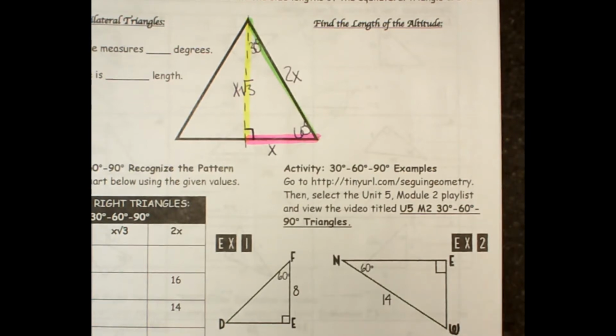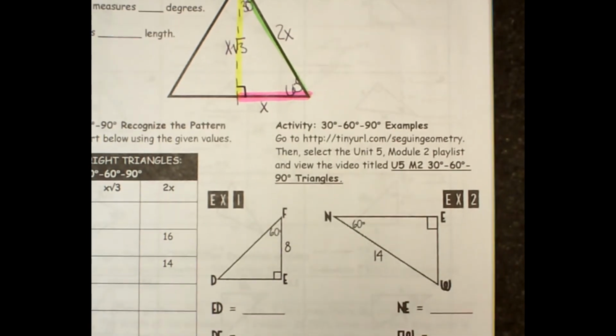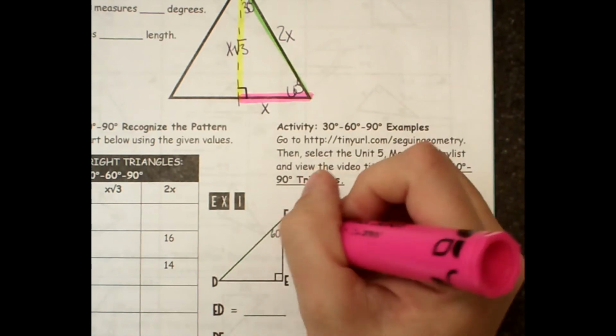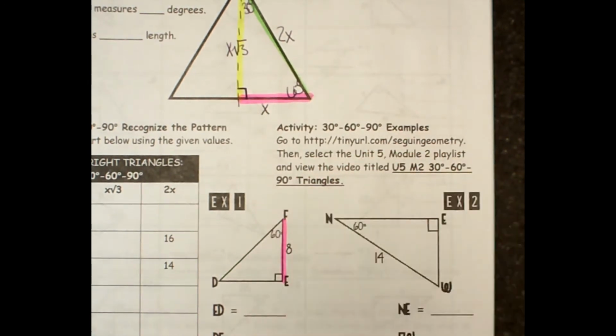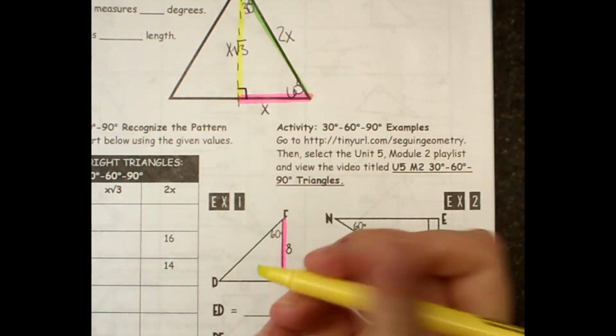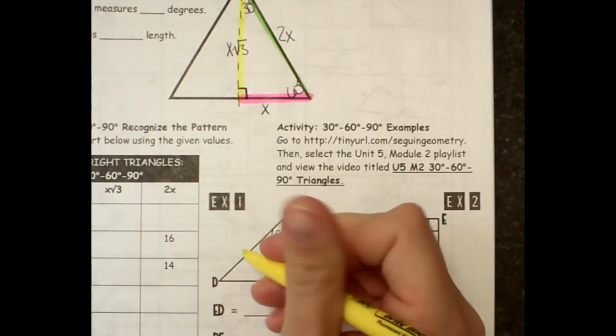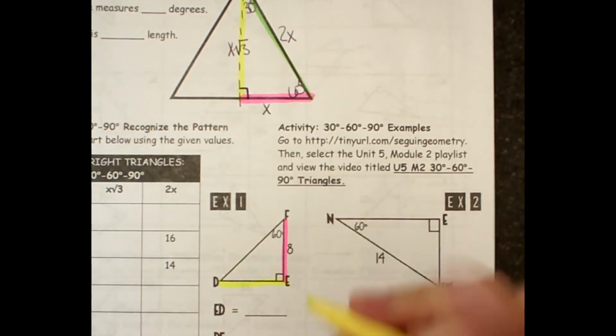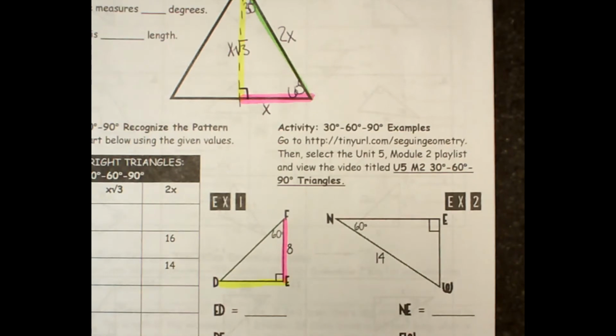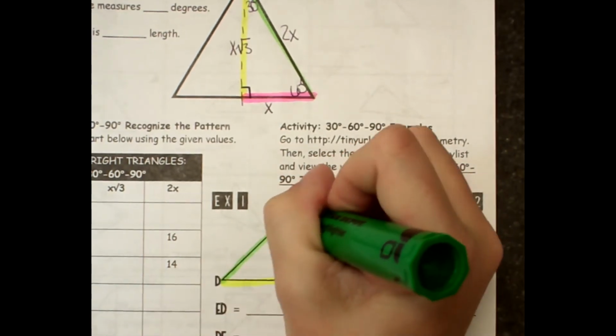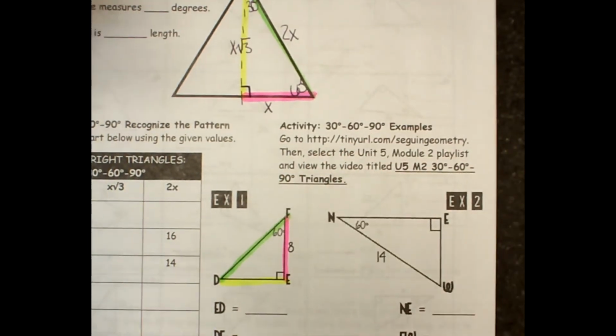So let's look at our example 1 below, and let's highlight, okay? So the yellow one touches the 60 and the 90. Sorry, the pink one. The yellow one is the 30, and then the green one is always your hypotenuse. So if you want, let's go ahead and label them.